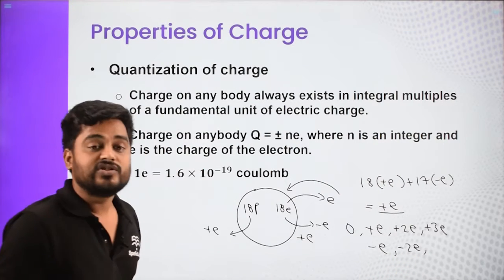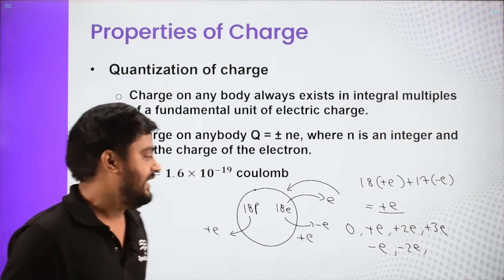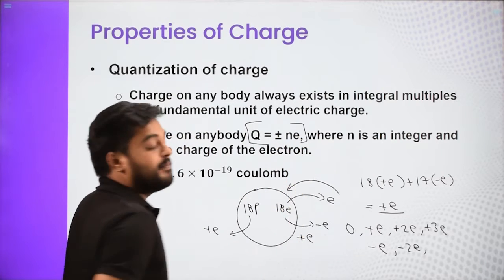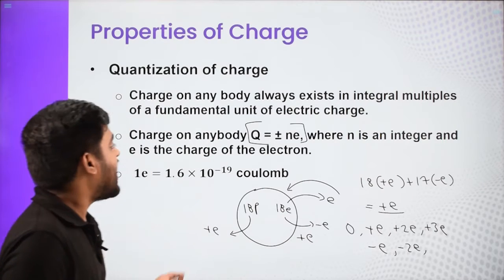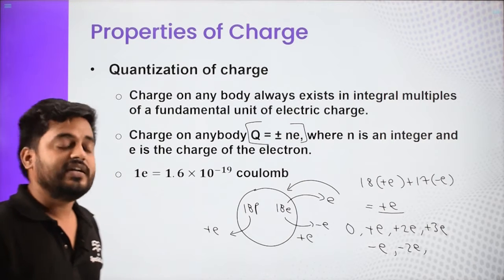So the charge on an object is always an integer multiple of e, and that's why we write the charge on any object as ±ne, where n is an integer. Or you can just say charge is an integral multiple of the elementary charge, the charge on each electron.